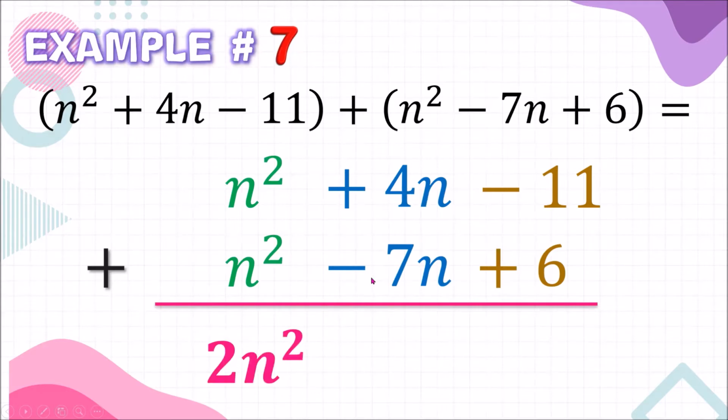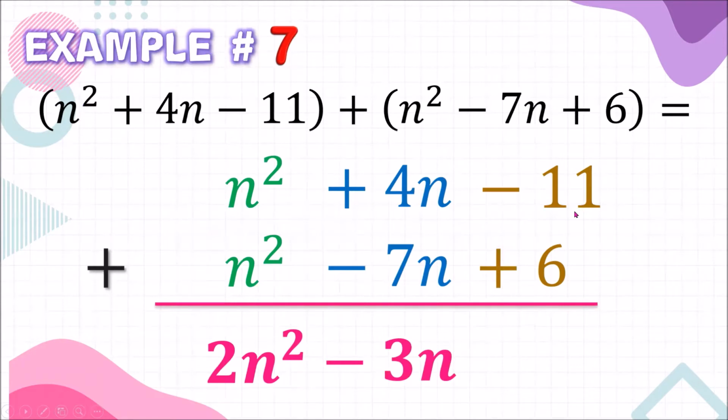Next, positive 4n minus 7n, common variable n. So positive 4 plus negative 7, they have different signs, so we need to subtract. 7 minus 4, we have 3, and then copy the sign of the larger integer, which is 7. The sign is negative, so we have negative 3n.